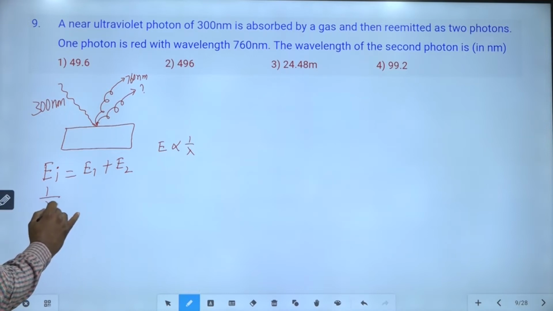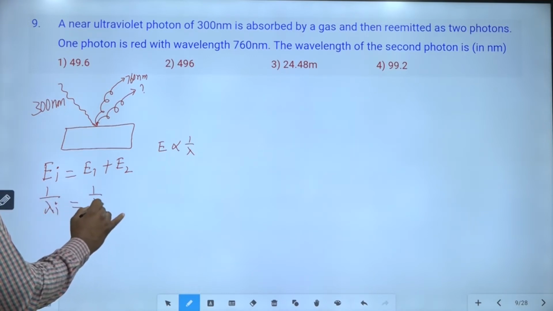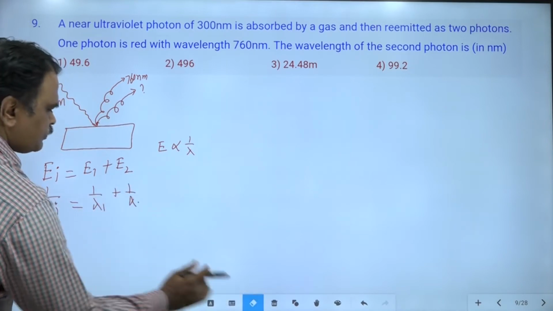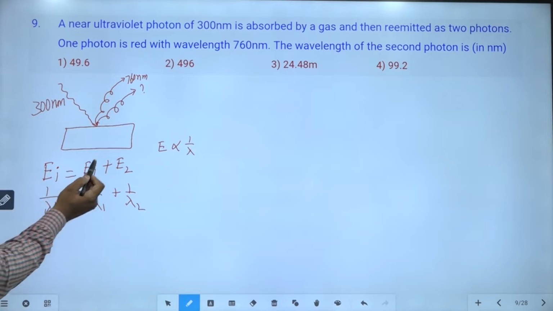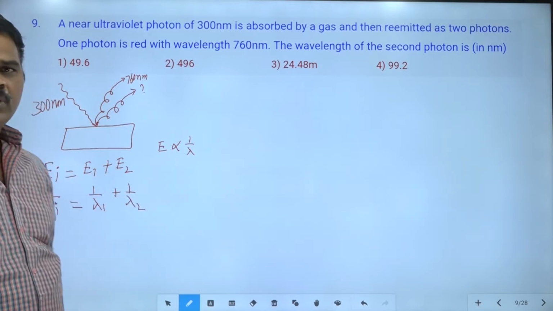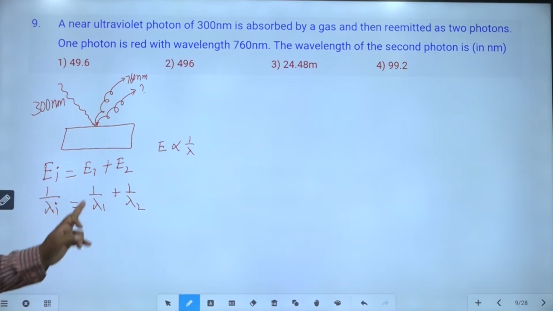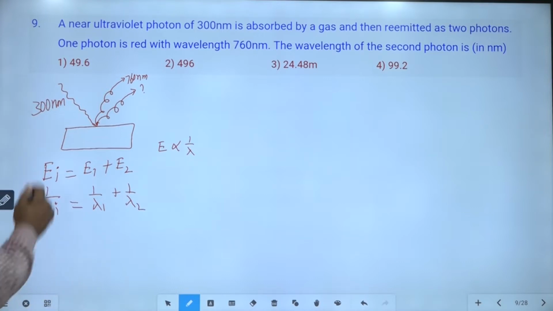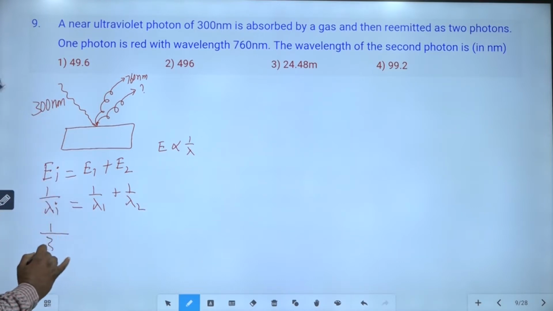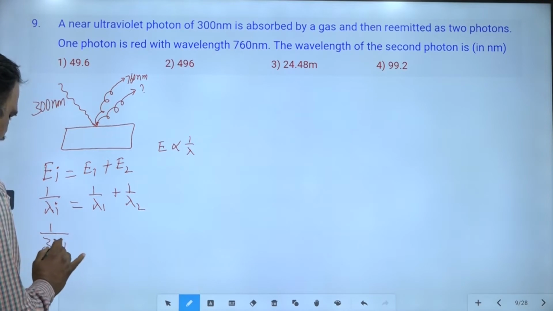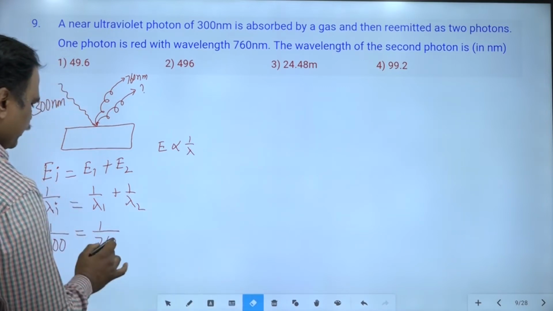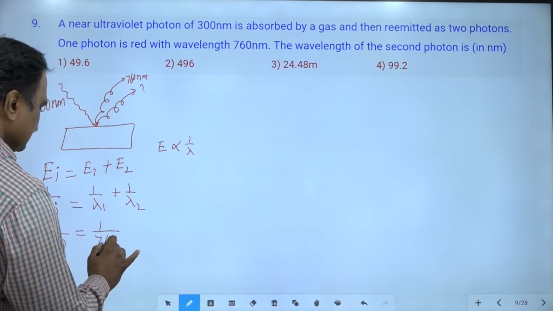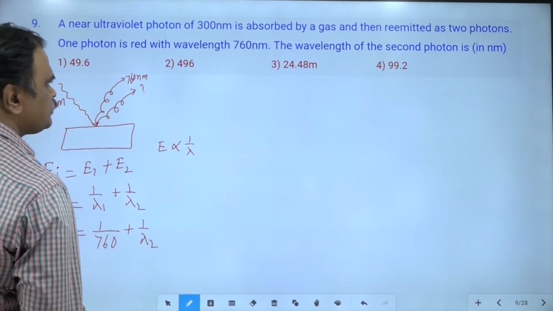So 1 by lambda incident is equal to 1 by lambda 1 plus 1 by lambda 2. 1 by lambda incident is 1 by 300, equal to 1 by 760 plus 1 by lambda 2.